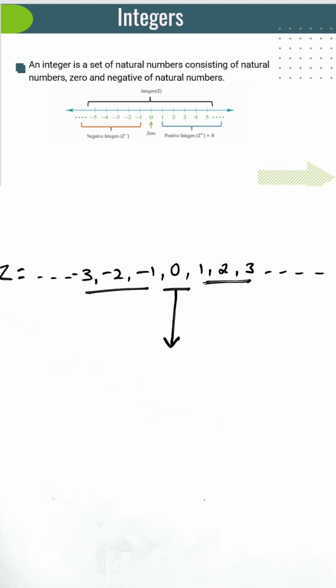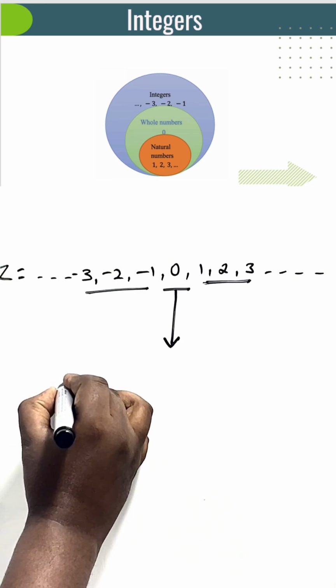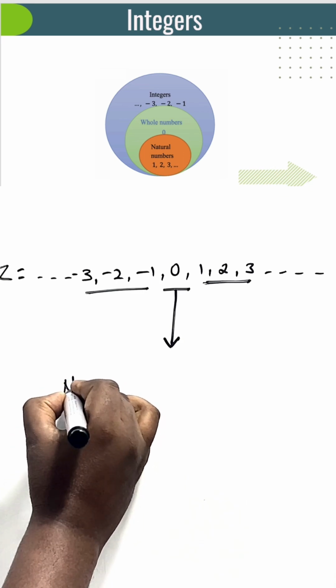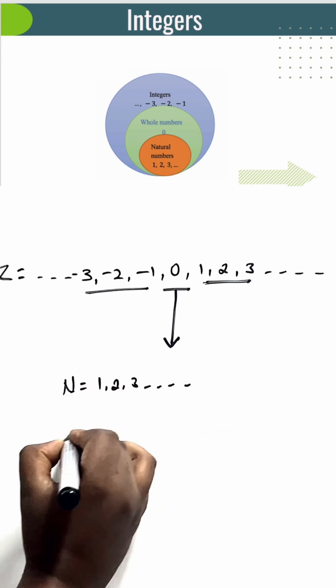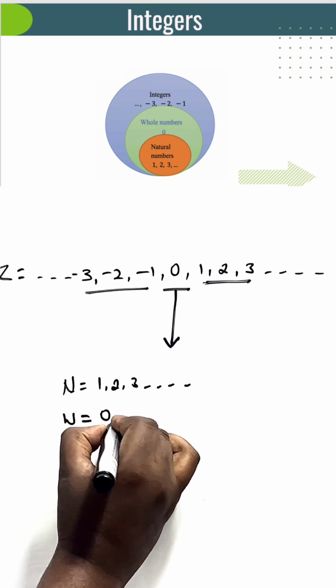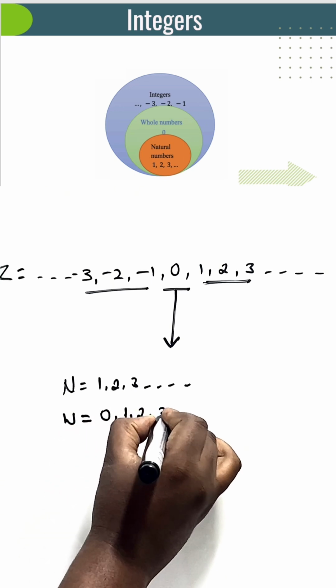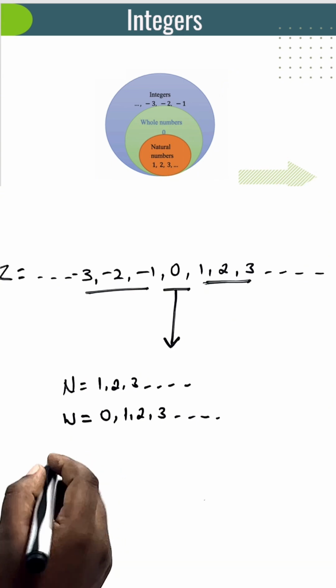So generally, numbers can be assigned starting from the natural numbers. Natural numbers start from 1, 2, 3, and it continues. And we have whole numbers. Whole numbers start from 0, 1, 2, 3, and continue. Also we have integers.